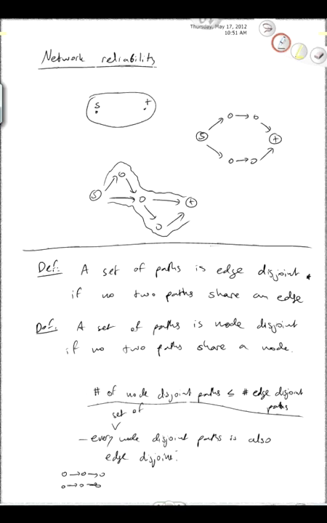How can we count the number of edge disjoint paths in the network? To count the number of edge disjoint paths from S to T, we'll do the following.